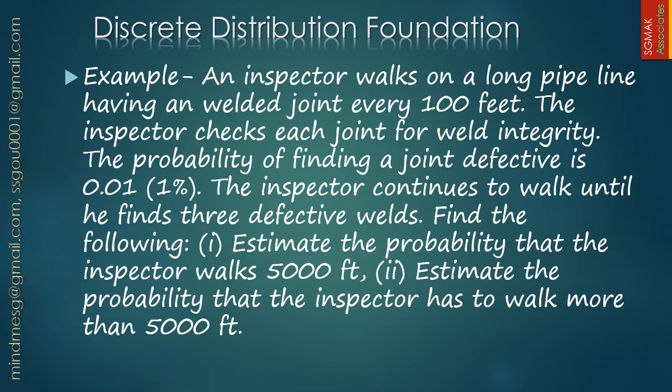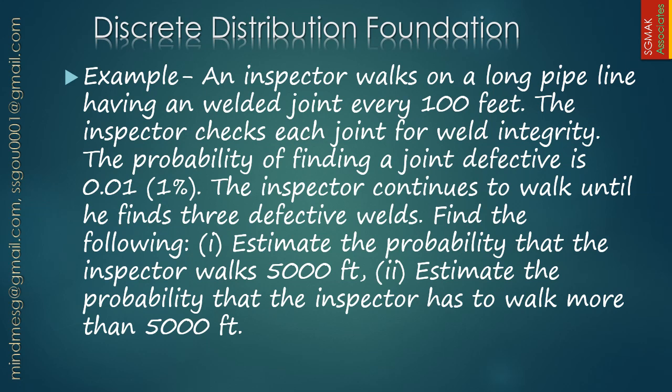So let's look at an example, which will, depending on the objective or the basic question, take you from one distribution to another. The problem statement is as follows. An inspector is walking along a long pipeline. It has a welded joint every 100 feet.